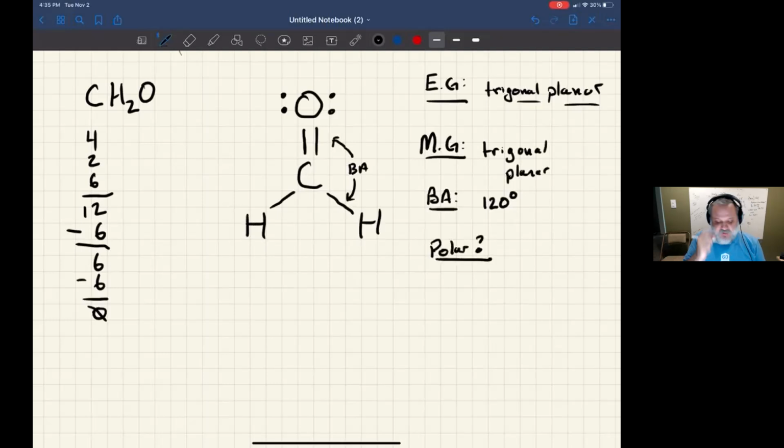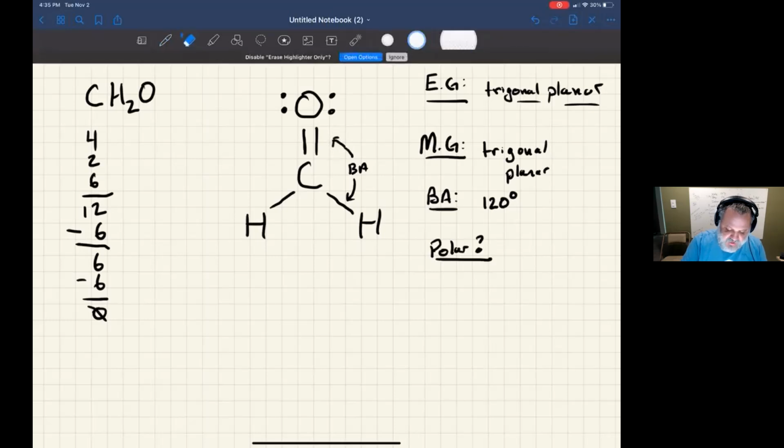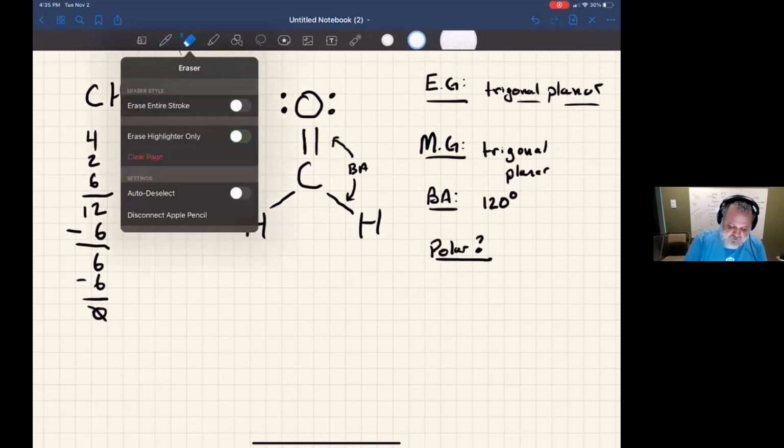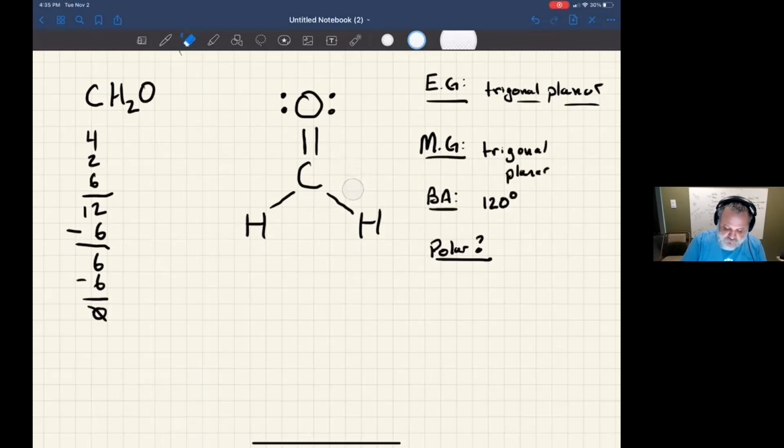Well, we can take a look at the molecule and we can see that the carbon is connected to 2 different types of atoms: hydrogen and oxygen. Hydrogen is less electronegative than carbon.